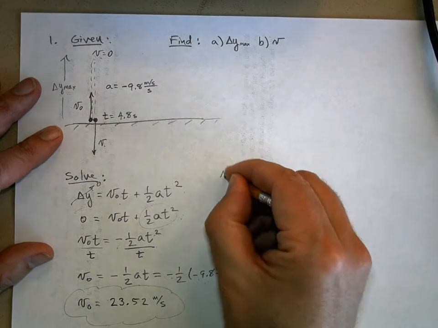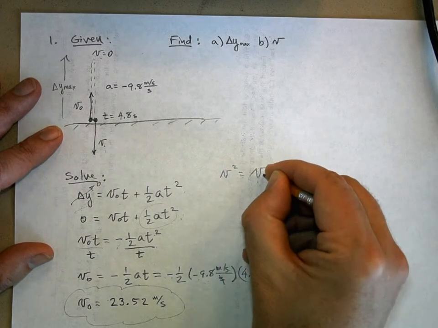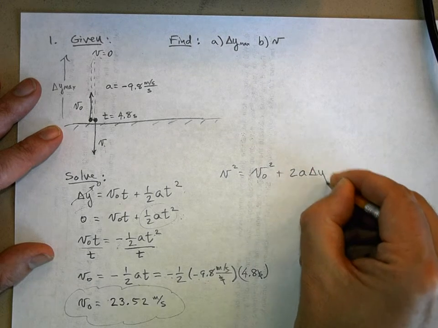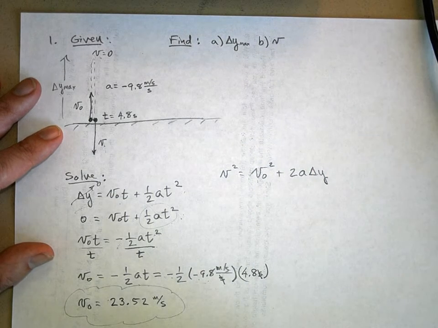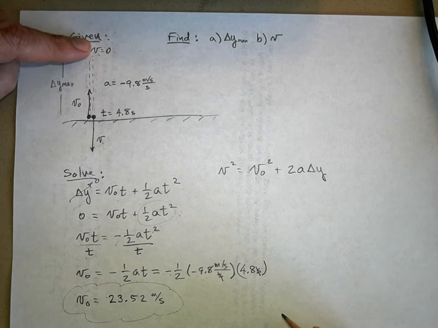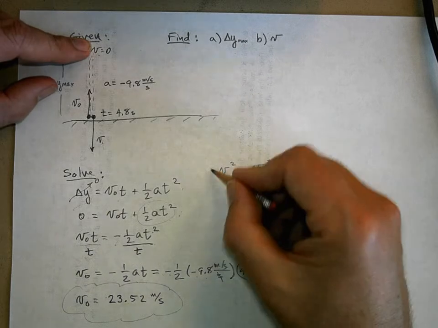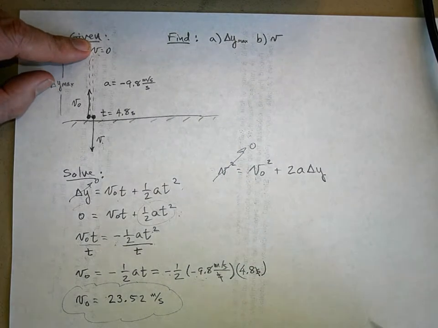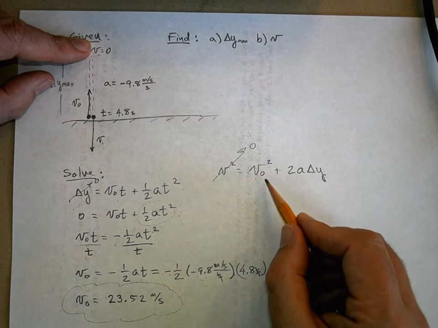So let's say v squared equals v naught squared plus 2a delta y. Well, now my final velocity is up here. And I know what that is at the very top. What is it? It's 0. And I know what v naught is because I had to solve for it.